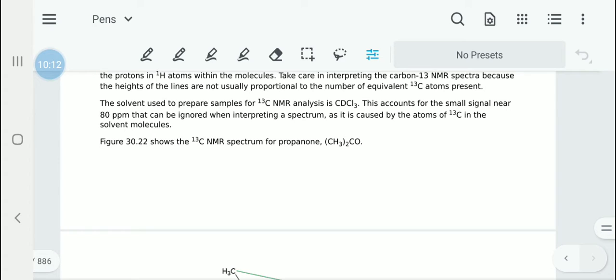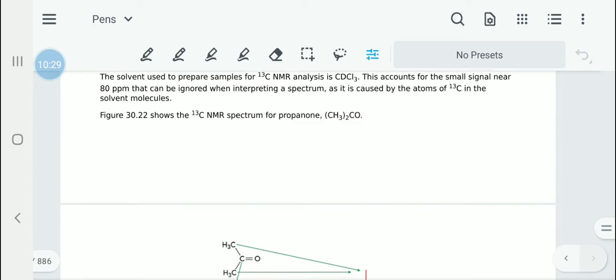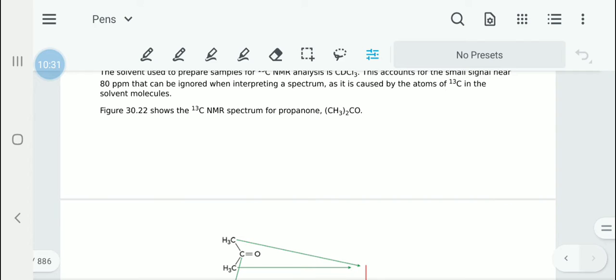So now when you take the solvent that is used to prepare the samples for carbon 13 NMR analysis, it is CDCl3. So this will account for the small signal near 80 ppm that, if we look at the graph, will have to be ignored when we analyze this spectrum.